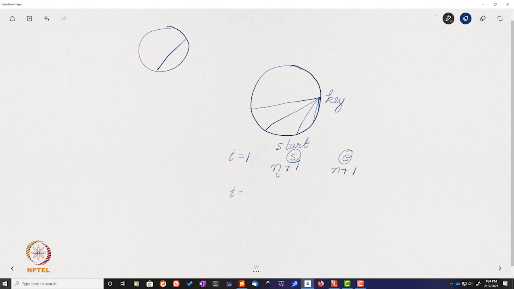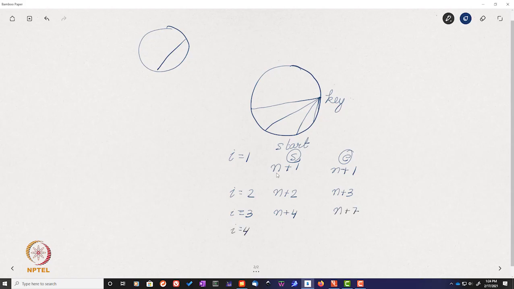Then if i is equal to 2, this will start at n plus 2, 2 raised to power 2 minus 1, to n plus 3. If i is equal to 3, this will be n plus 4 to n plus 7.